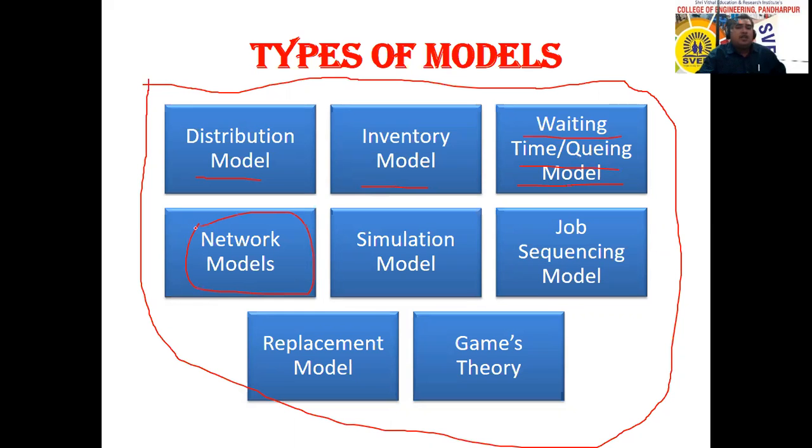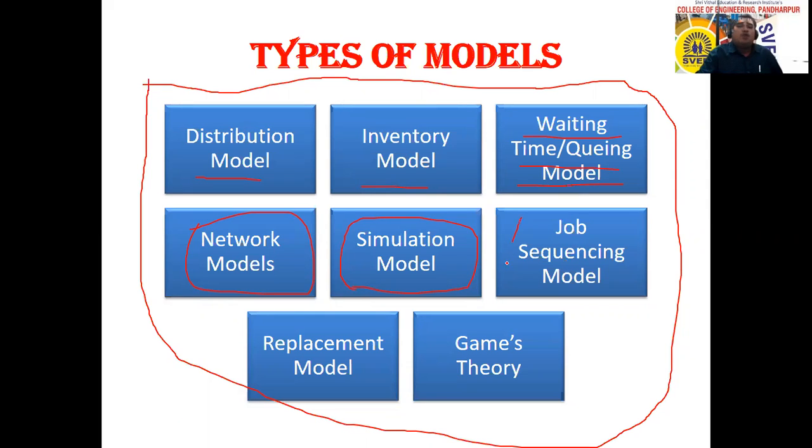Our next chapter, the last chapter number 6, is CPM and PERT. In that we will go for this network model. This is in your syllabus. Simulation models. Monte Carlo simulation is there, or some analytical ANSYS software or AutoCAD, CATIA simulations. How these are predicted, how these are developed. So there are case studies.